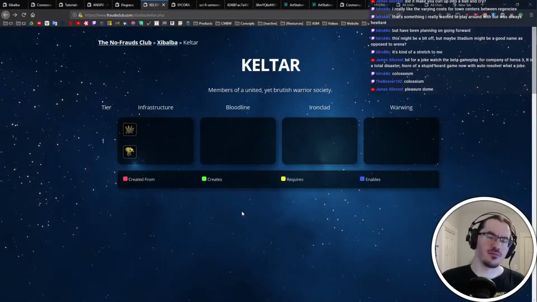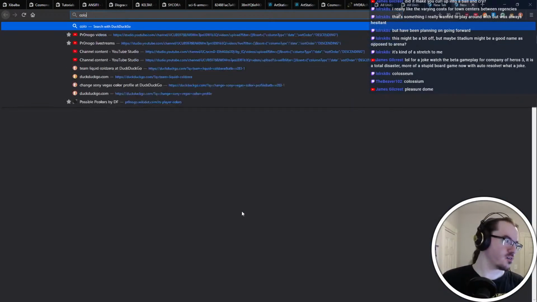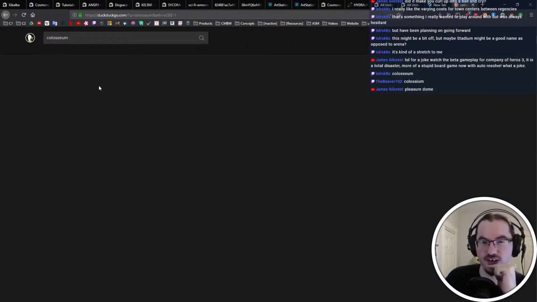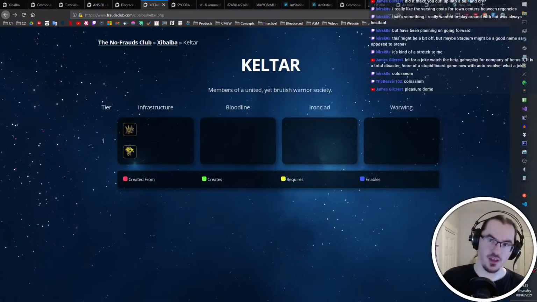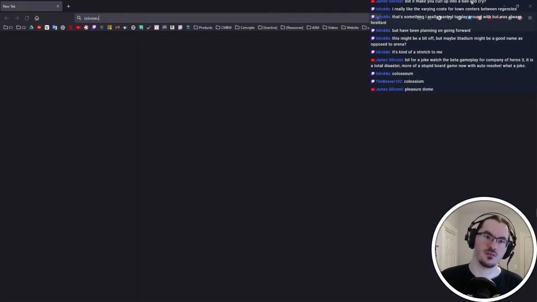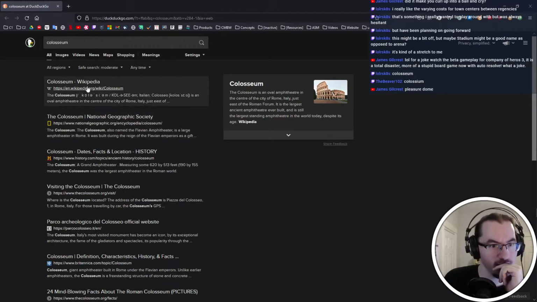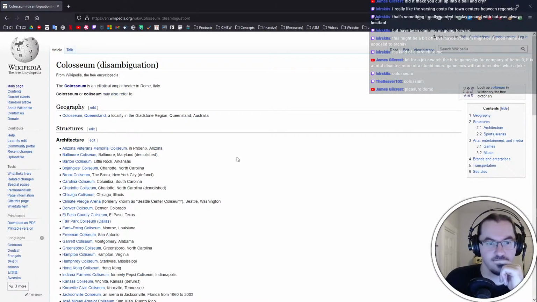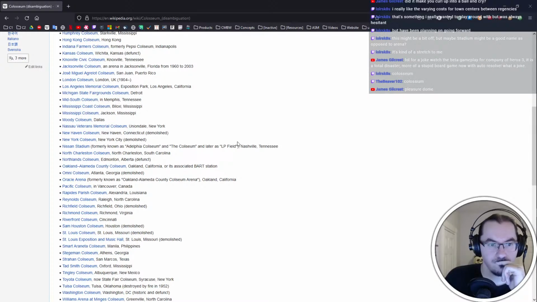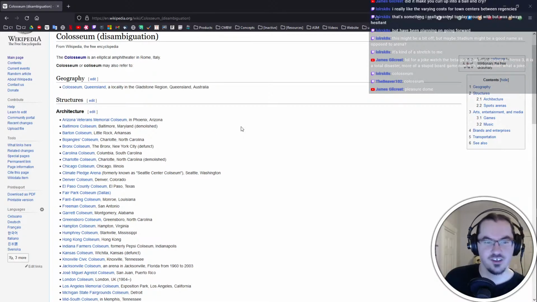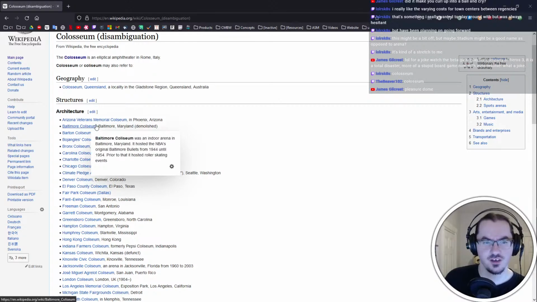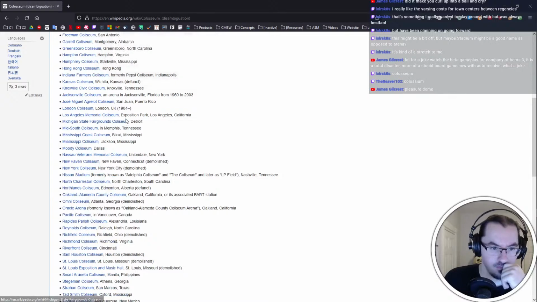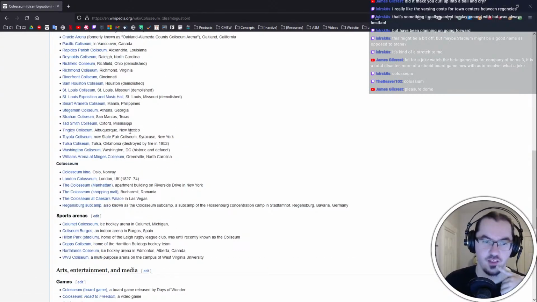I guess Coliseum, is it actually a specific structure, or is Coliseum something where it could be considered any sort of construction? I can't believe I have to load up a different browser in order to search. It is the Coliseum, but if I look at disambiguation, what do I get? I like how they just have a bunch of them spelled differently. Maybe that's how you spell it.